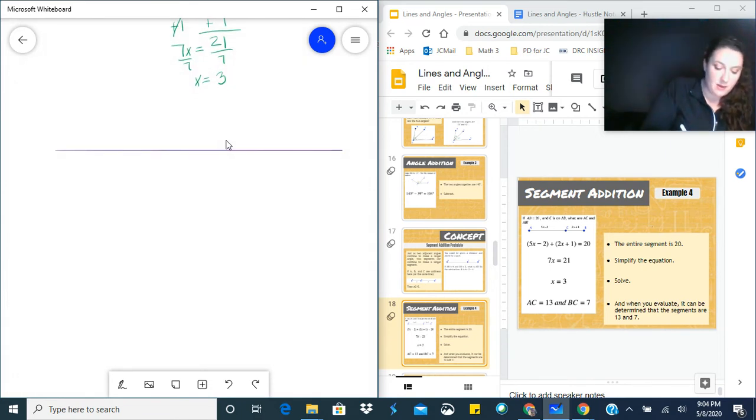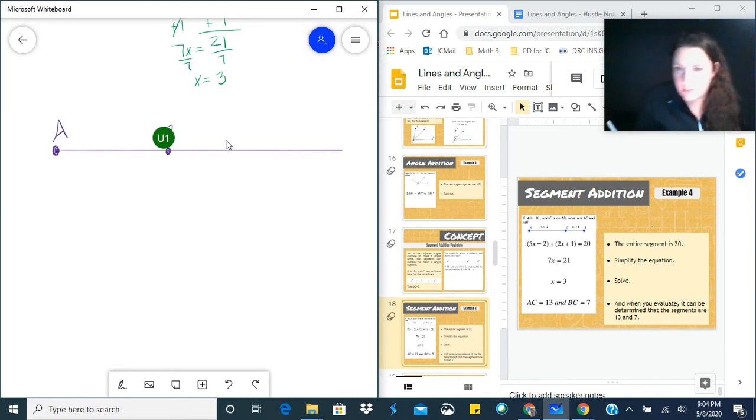So here we have point A. Here we have apparently point C, because they like to put point C in the middle.